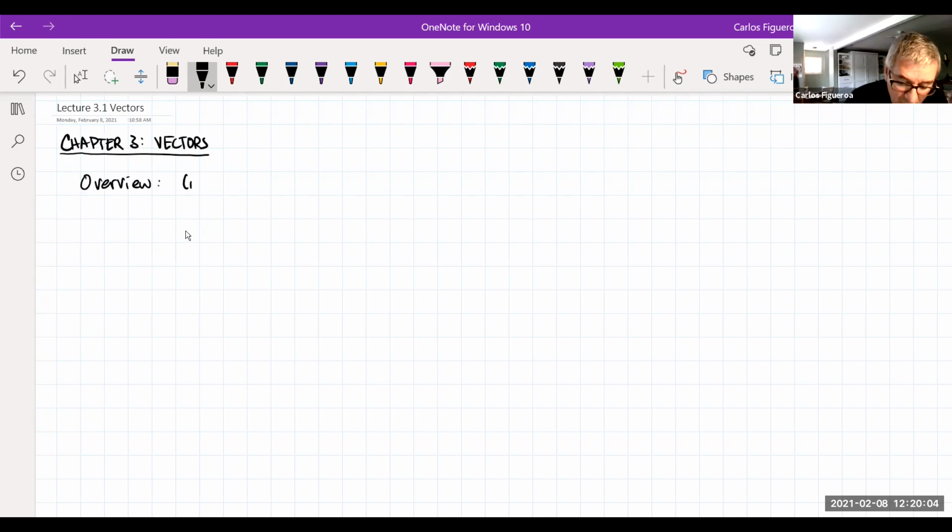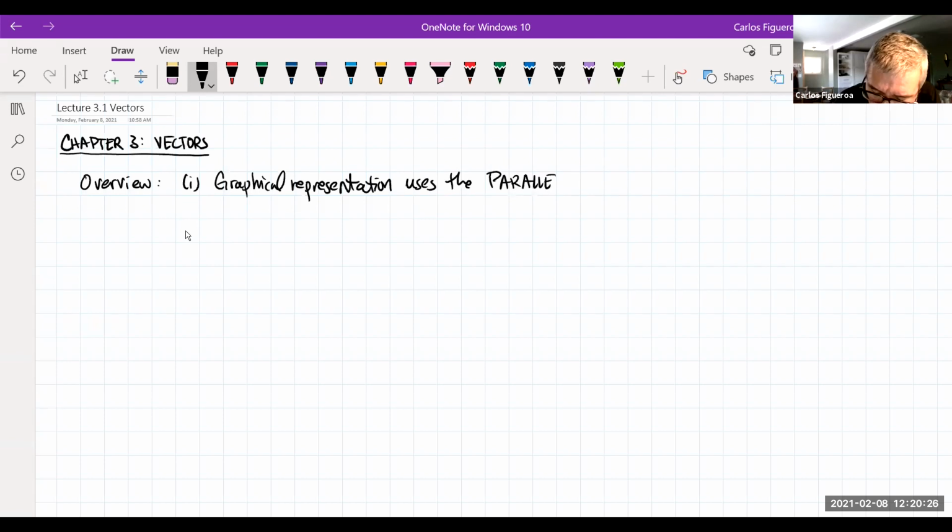We're going to briefly talk about a graphical representation, and you're going to see that the graphical representation uses the parallelogram rule. Although you can get really good numbers out of the parallelogram rule, it's just a pain to deal with. It's not the way we want to go.